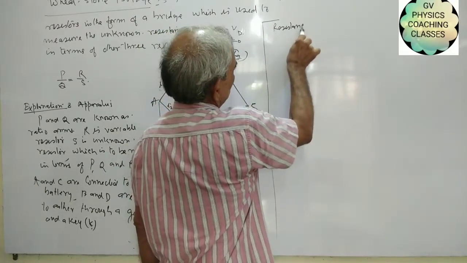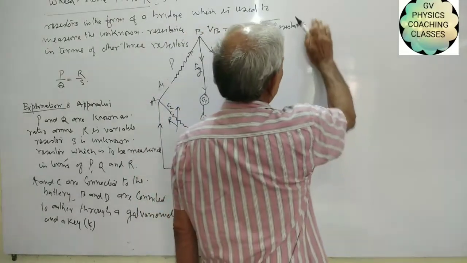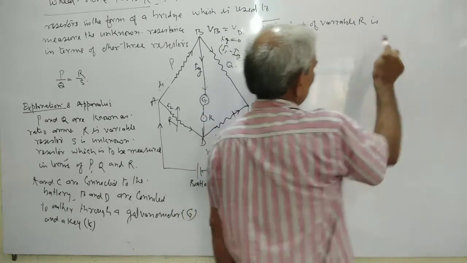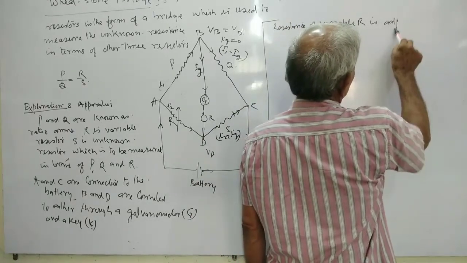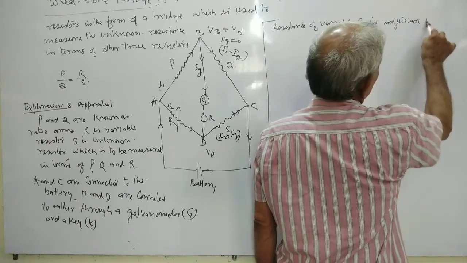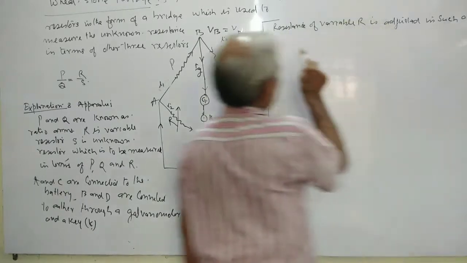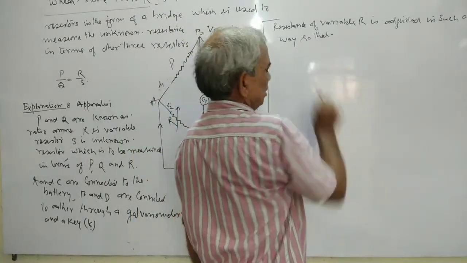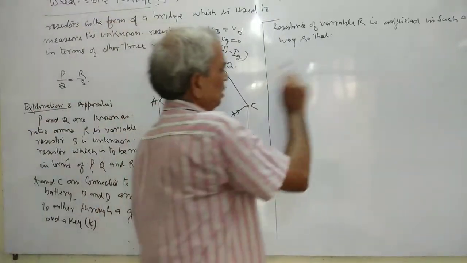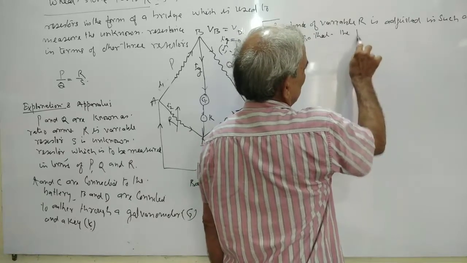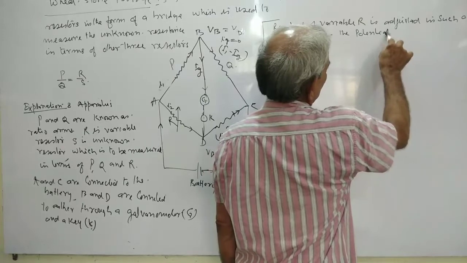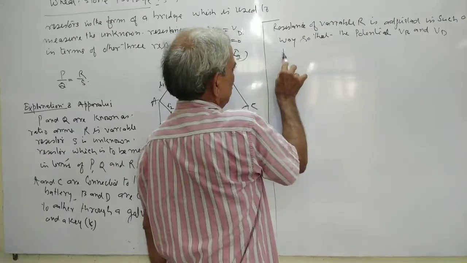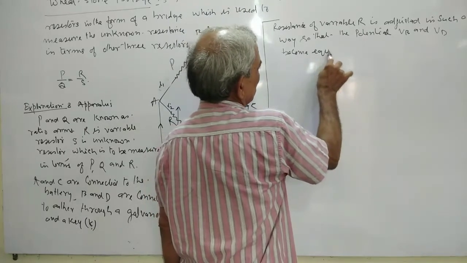The resistance of variable R is adjusted in such a way that the potential of B and D becomes equal to each other.